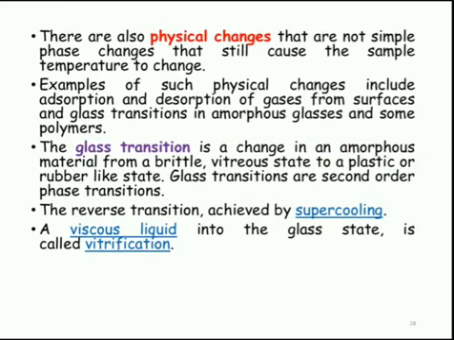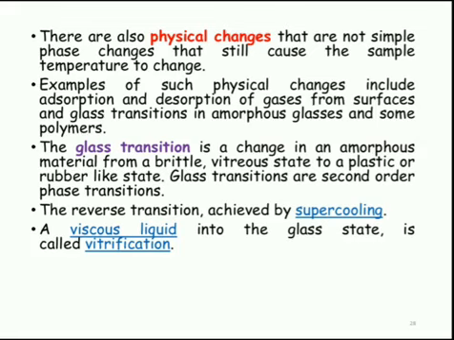There are also physical changes that are not simple phase changes that still cause the sample temperature to change. For example, these physical changes include adsorption and desorption of gases from surfaces, and glass transitions in amorphous glasses and some polymers.